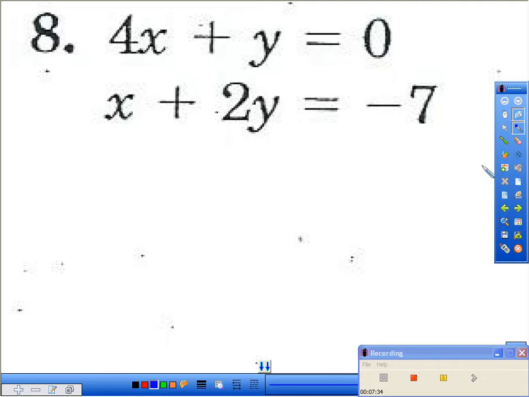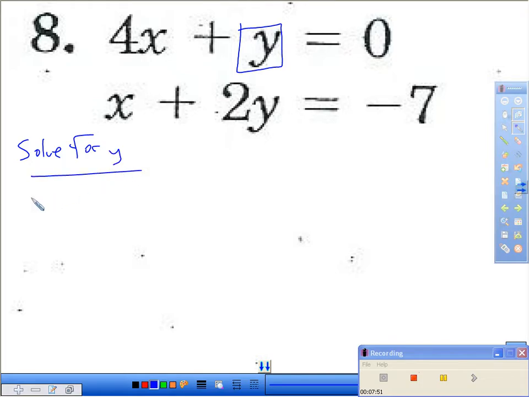Our goal is to solve one of the equations either for x or y. I'm going to, in this case, solve the top equation for y. Again, we could just as easily solve the bottom equation for x. So let's take 4x plus y equals 0, and I'm going to subtract 4x from both sides so that these subtract to give us 0.